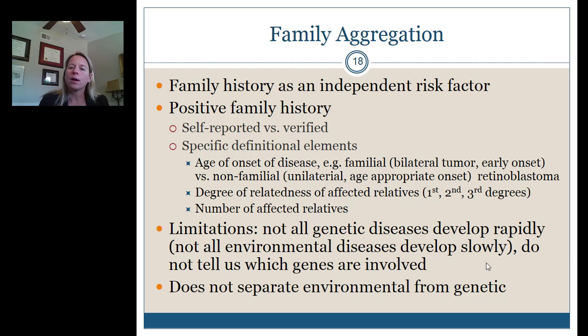We look at family history, and we look to understand if there are commonalities among members of a family in terms of the presentation of a disease, to understand if there's aggregation within the family. So we collect certain elements. For example, we will look at the age of onset of the disease that we're studying among family members to understand if there's a genetic pattern going on.